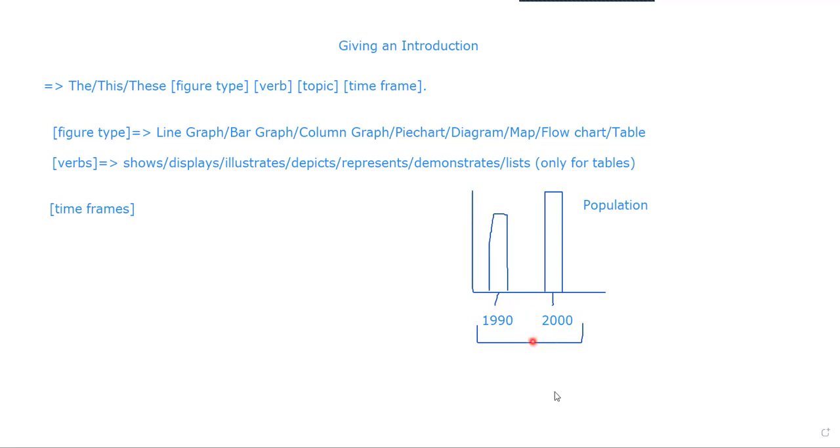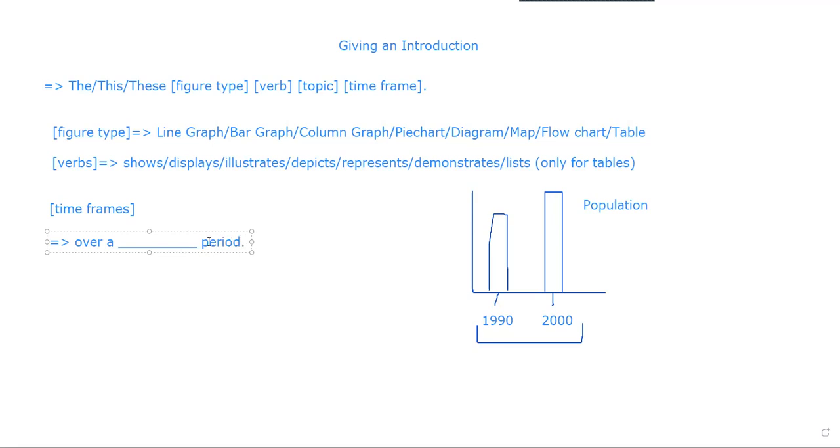So that is the first strategy that you can use to include the time frame. You can talk about the entire time that has passed, the entire duration of the time. For example, in this case, a total of 10 years has passed, right? Yes. Now you can include that information by using these strategies. For example, we left a blank here, period.